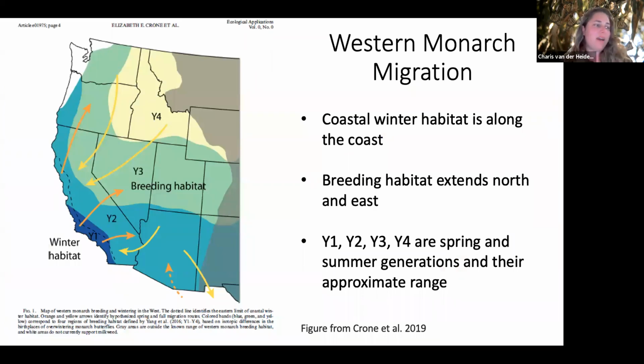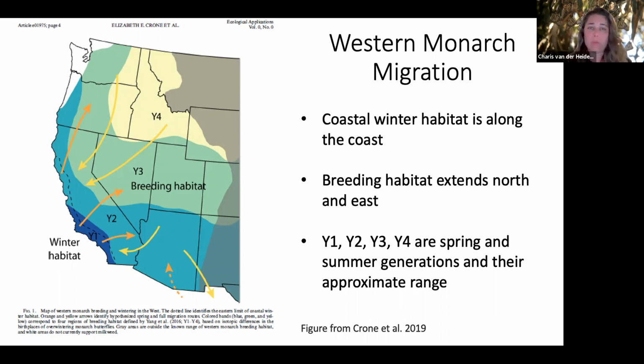Okay, so monarch butterflies come to the coast of California to overwinter. They start arriving in October and have historically departed around March, although we're seeing that they are trending more to leave in January, which I will talk more about later.